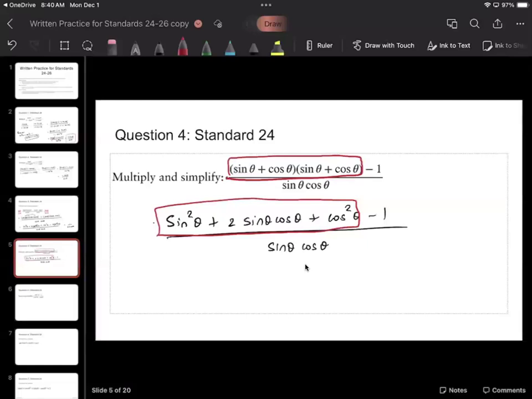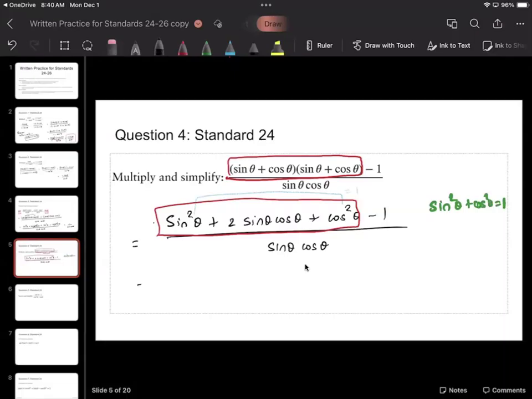Okay, so you can do this on your own, however you do it. Combine the like terms, and this is what it will end up being. And then we are going to use this identity that sine squared plus cosine squared is equal to 1. So what is the identity? Sine squared theta plus cosine squared theta is 1.